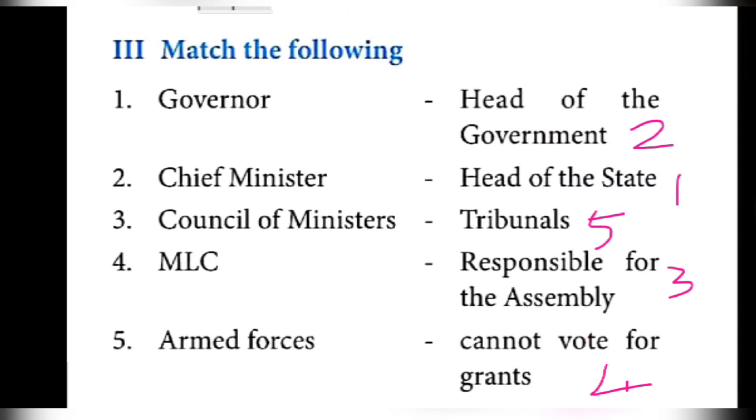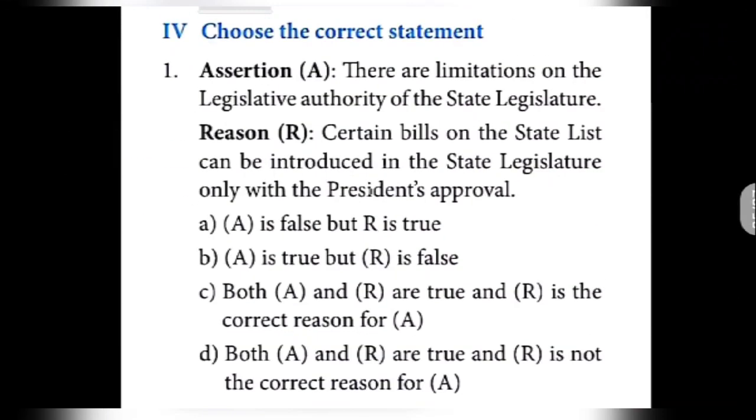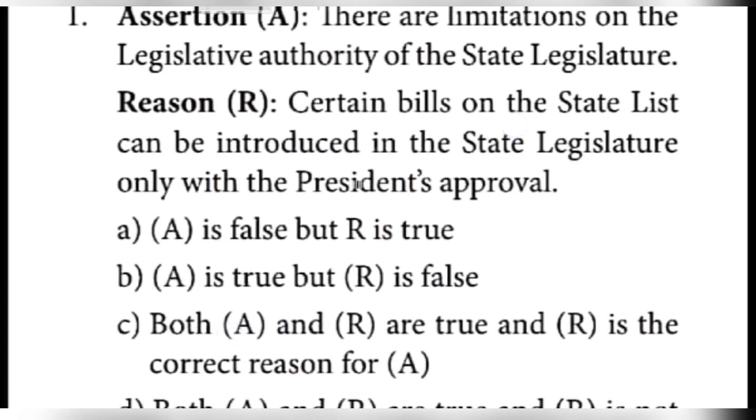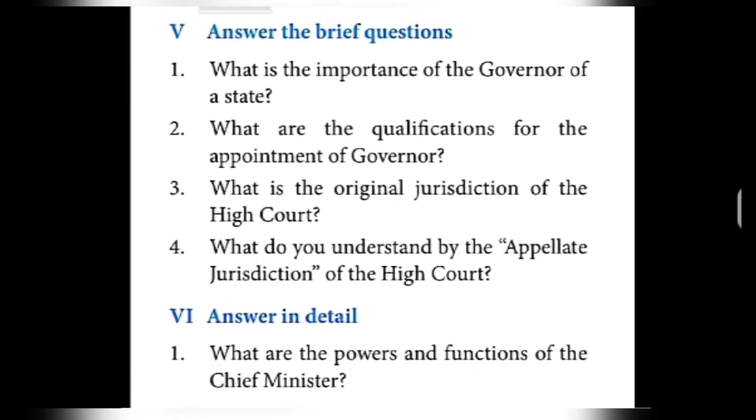The next, what is given in the sense, Roman letter 4, assertion answer. Only one answer is given. Which is the correct option in the sense, B. B is the correct answer. Then Roman letter 5, take it.